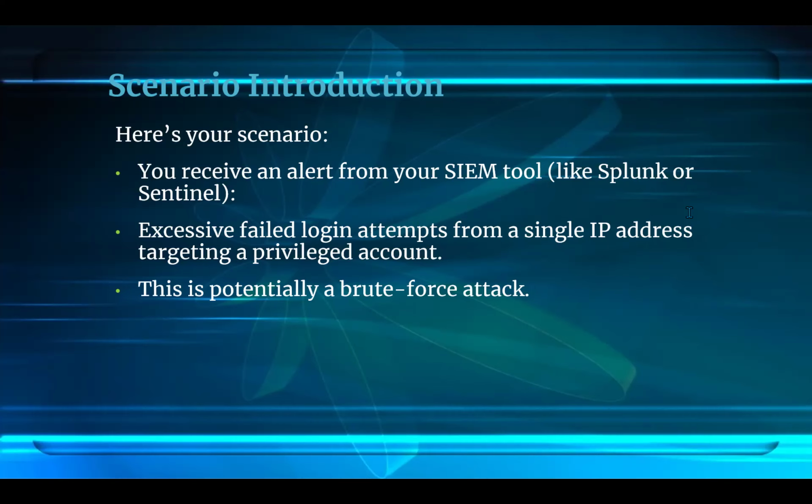When you apply some filters and start to work in the lab on the SIEM tool, you can see the specific IP address that the attack is coming from. So that is one.